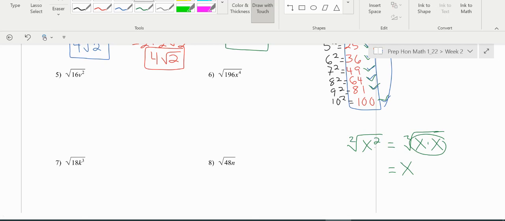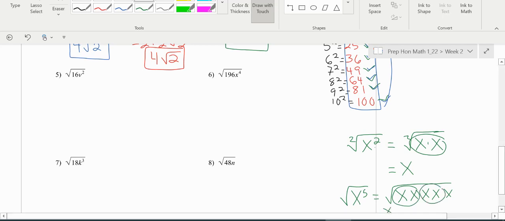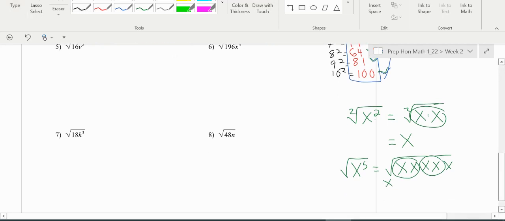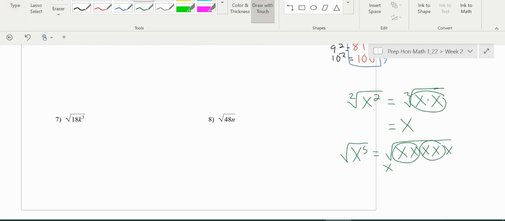So if I had, let's say, the square root of x to the 5th, that would be like having 5 x's. And then I would pull out 2 pairs because it's a square root, and you would get x squared root x.